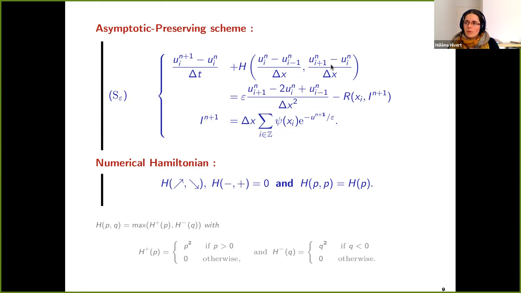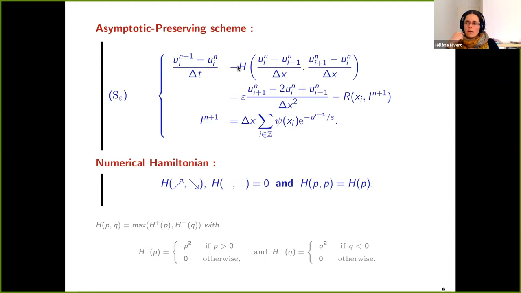The thing that is important is the approximation of the Hamiltonian. The Hamiltonian, I remind you, was the square of the gradient of the solution. Okay, so the square, it was the gradient of u squared. And when epsilon is fixed, you can choose what you want.